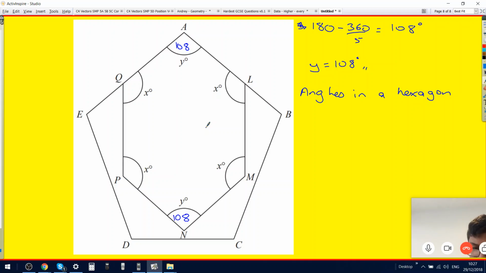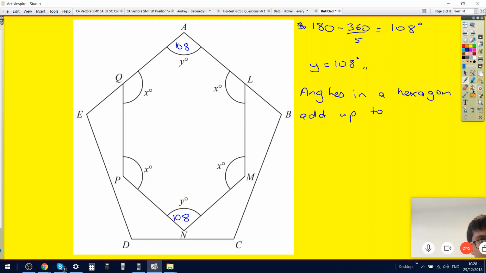What does the n minus 2 rule tell you? What the angles add up to? Yeah, the interior ones. That'll work for irregular as well. So if you just draw a straight line between QP and then between LM, just to join those two. And L.